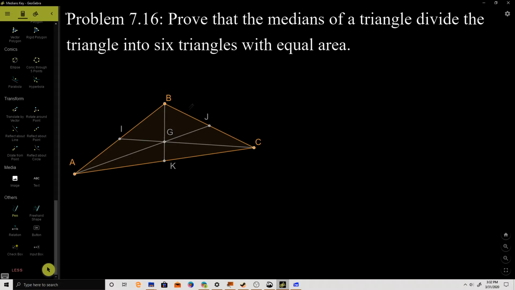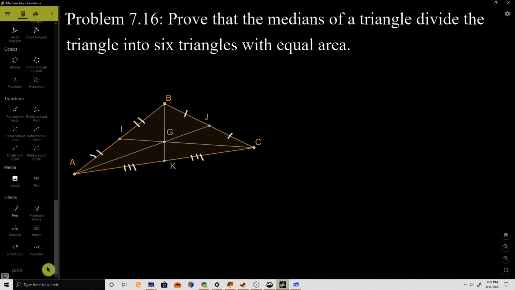So that means that JB and JC are the same length. And if I is the midpoint of AB, then IB and IA are the same length, and so on for AC. We have AK equals KC. So I know those lengths are equal. And that's about all I really do know.